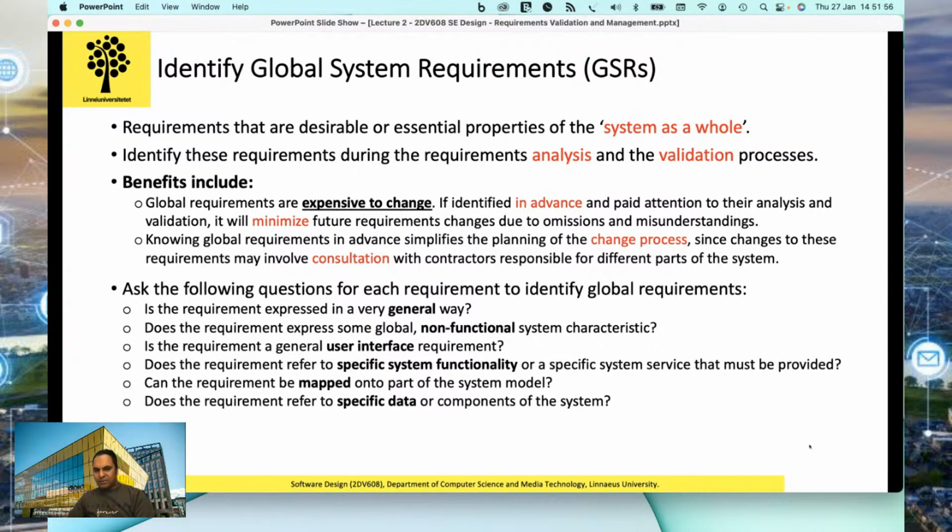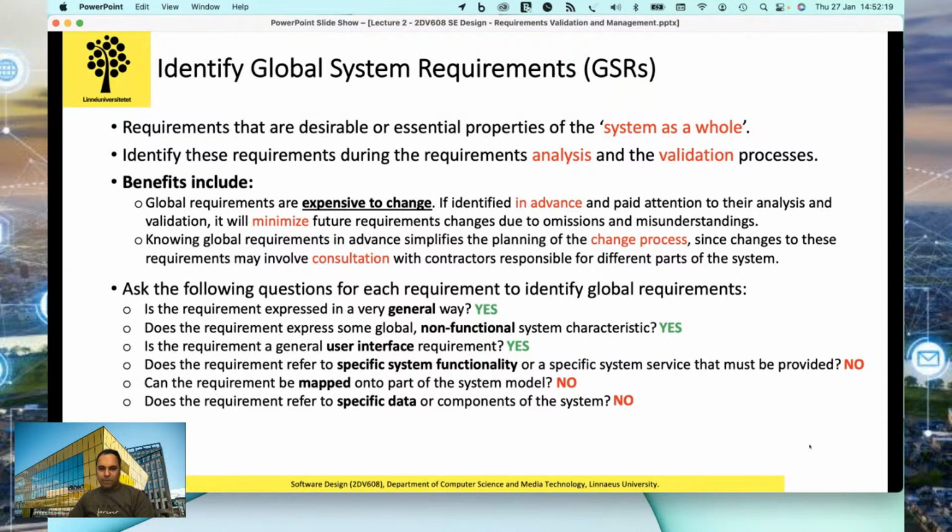If this is yes, of course, this is a general system requirement. In this way, you ask yourself each of these 6 questions. And if your first 3 questions are answered yes, and your last 3 questions are answered no, that means it is a global system requirement.